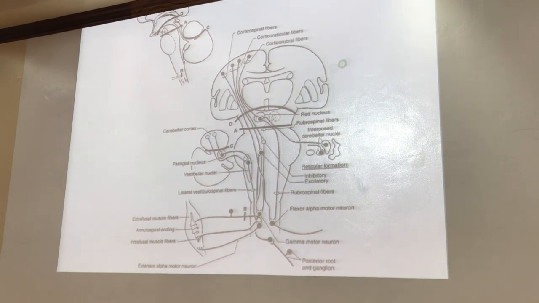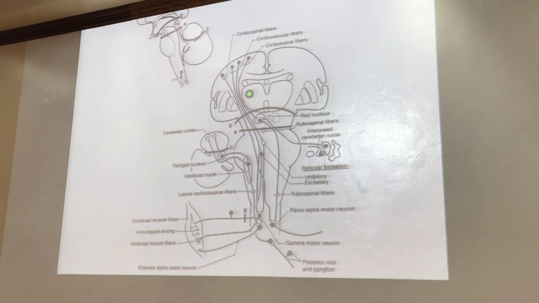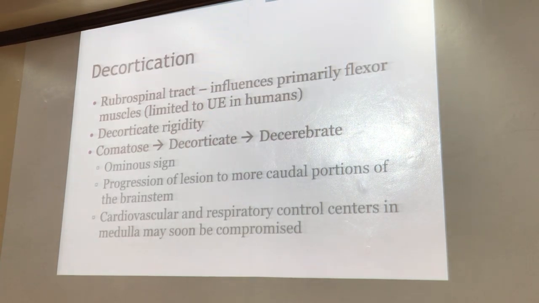Okay? So this is the lesion here. Decorticate means the influence of the cortex is removed from the lower centers. But the red nucleus is still intact, that's why that's the response. Here, the rubrospinal tract will influence primarily the flexor muscles of the upper extremities in humans.